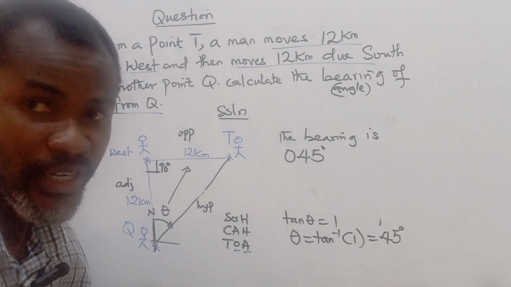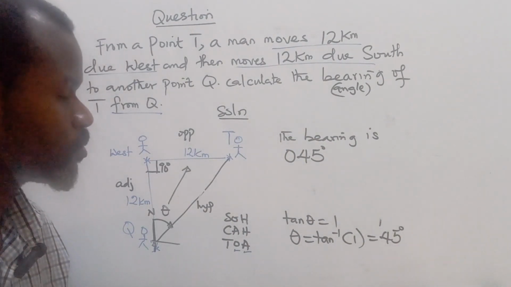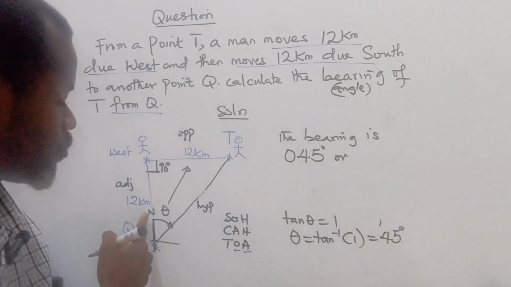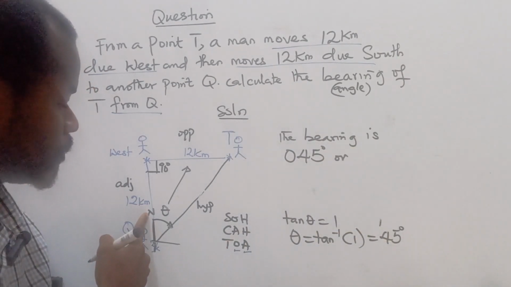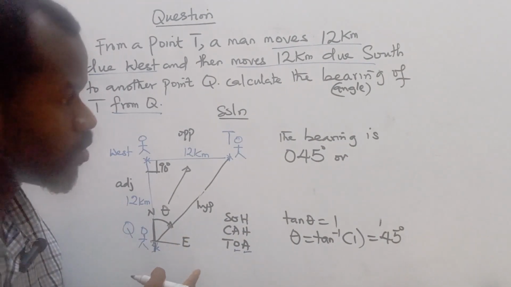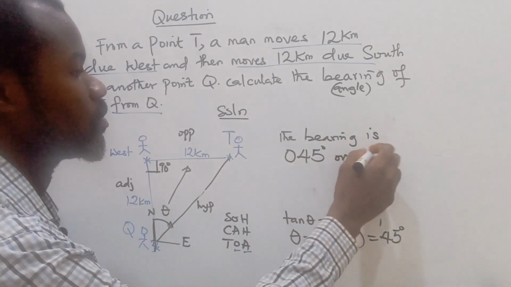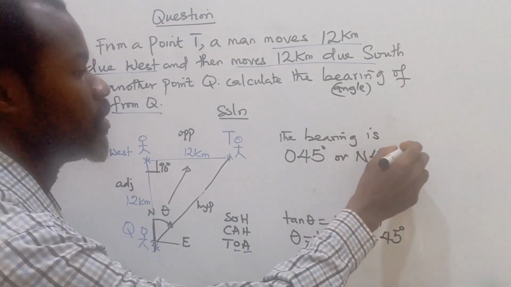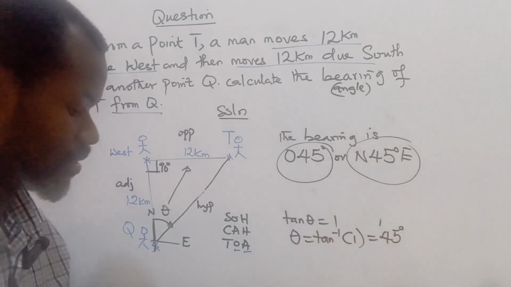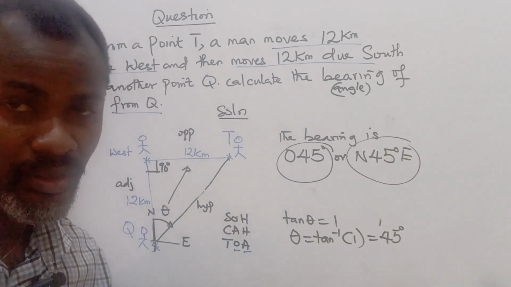That's the three-digit bearing. Another way we can write it is, since we are moving from north to the east in a clockwise direction, we can write North 45 degrees East. So this or this stands as your answer to this question.